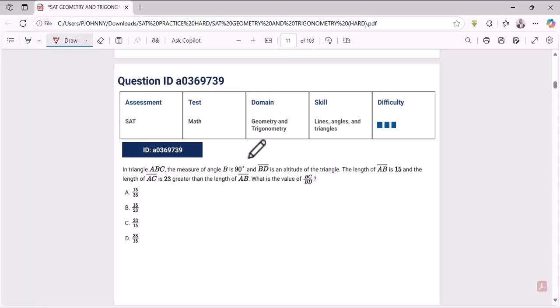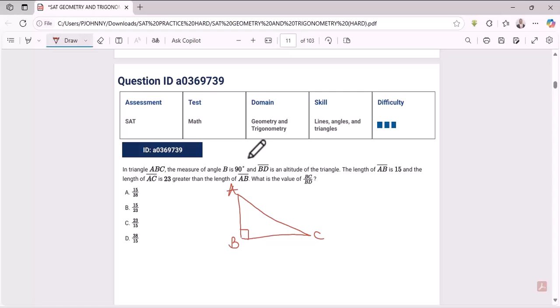Okay, next question. In a triangle ABC, the measure of angle B is 90 degrees, so we have a right angle triangle here, and this is B. So A and C can be anywhere in between. So BD is an altitude of the triangle. Okay.